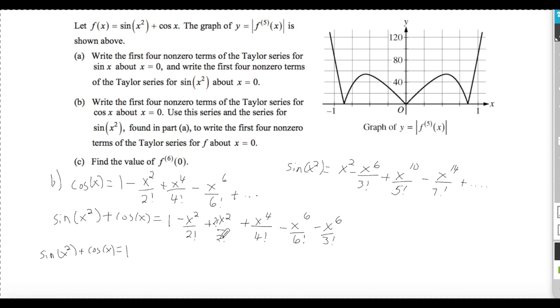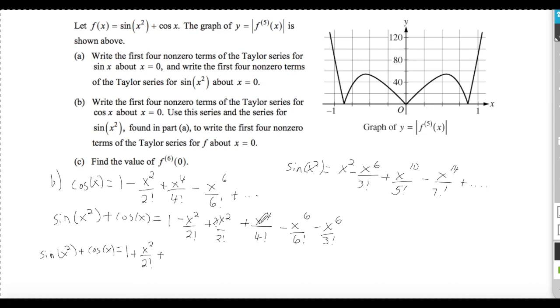Then I have a common denominator. 2 factorial is 2. So if I do minus x squared plus 2x squared, I'll end up with positive x squared over 2 factorial. If you don't like doing that stuff in your head, just write out the numbers. This is x squared over 2 plus, sorry, 2x squared over 2. So I end up with x squared over 2 over here. If you don't like the factorials, just write out the numbers. There's nothing wrong with that.